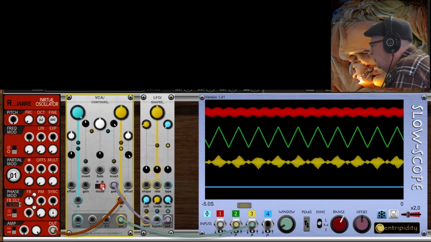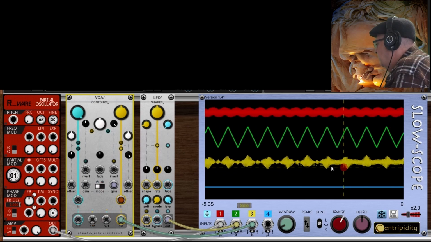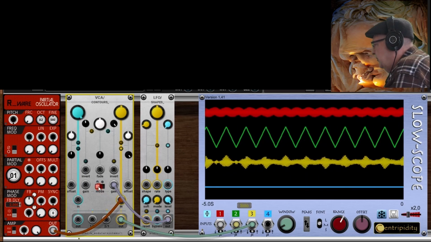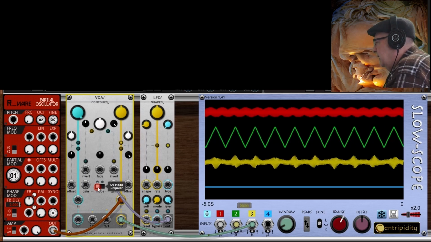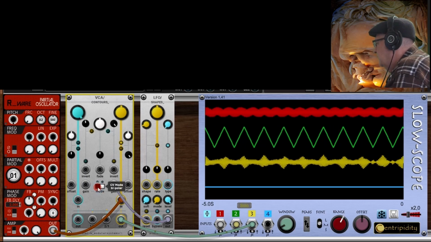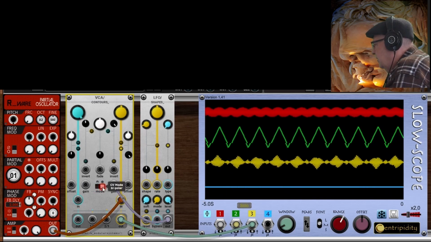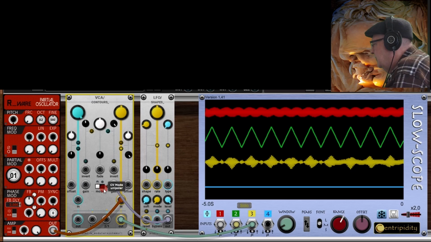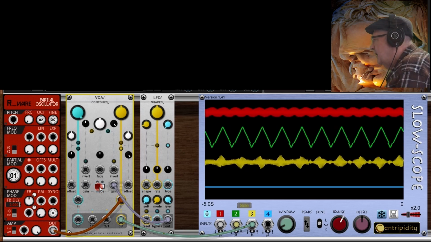And now I switch to unipolar, and you see the difference. I think the graphics are self-explanatory here. Once again, back to bipolar and back to unipolar again, bipolar, and so on and so on.